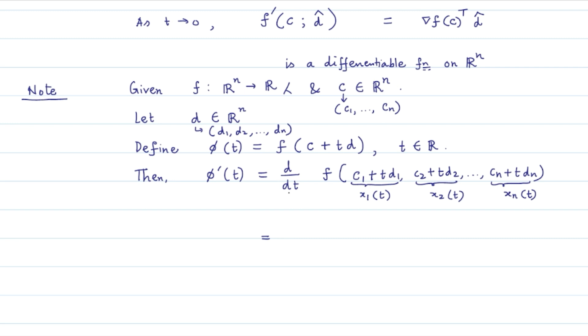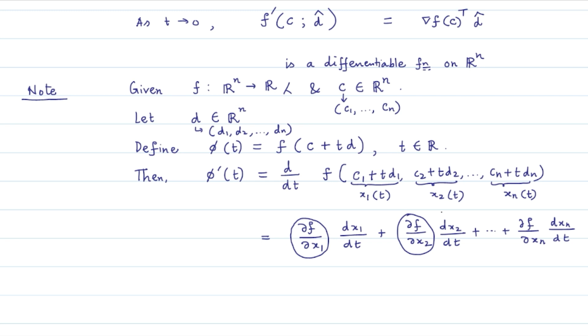By chain rule, this right hand side expression is given by del f del x1 times dx1 dt, plus del f del x2 times dx2 dt, plus so on till del f del xn times dxn dt, where all these partial derivatives are computed at this general point having components c1 plus td1, c2 plus td2, and so on till cn plus tdn.